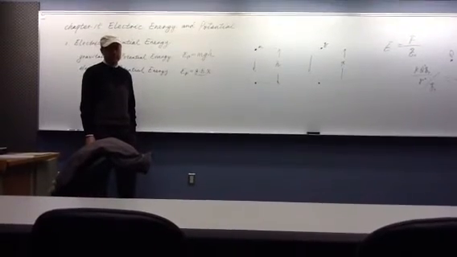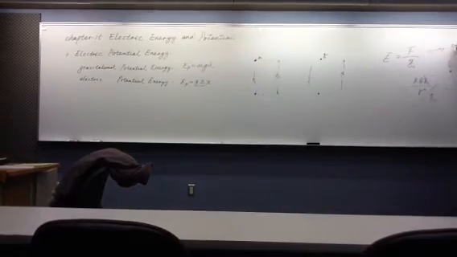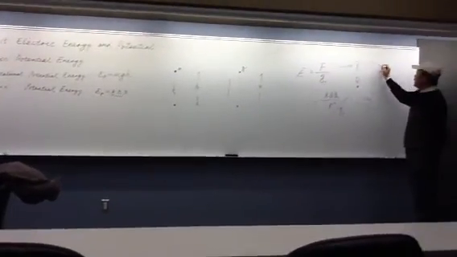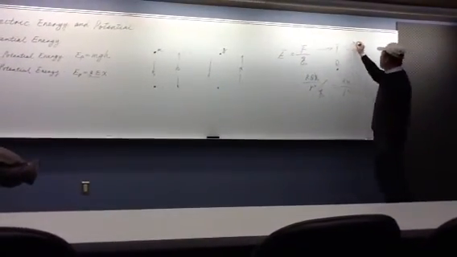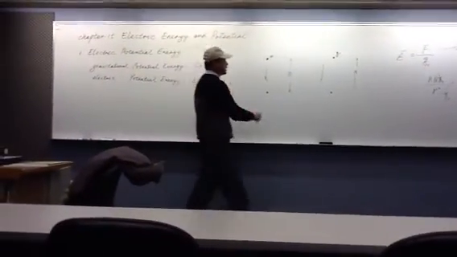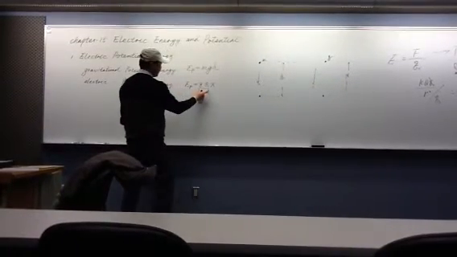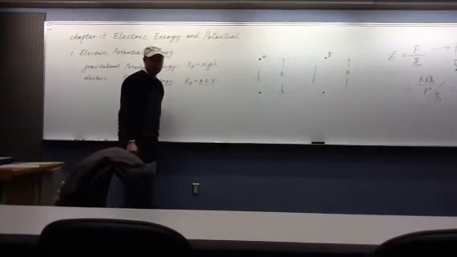Think about it. From this equation, F equals qE, right? Therefore, this combination basically is force. And X is just a distance. You move this charge from here to here. Force times distance is what?